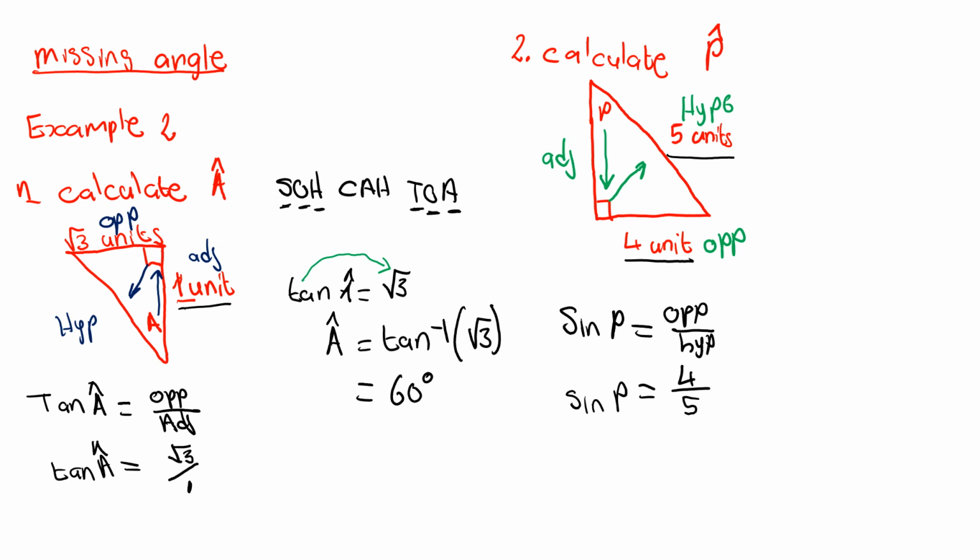So now you must take your sine to the other side. How do you do that again? Remember, you must always use reference angle shift, where you press shift on your calculator. Then your angle P will be equals to sine inverse of 4 over 5.